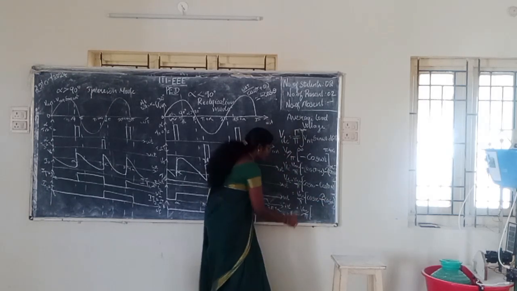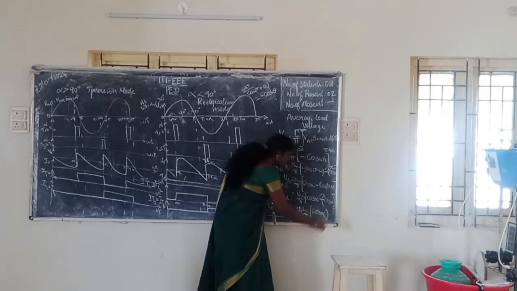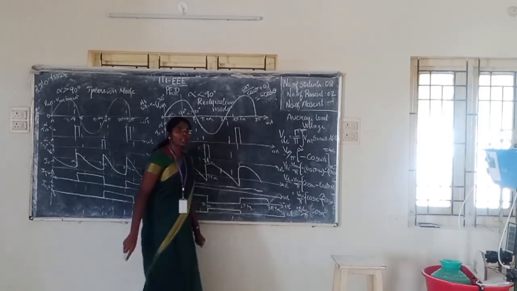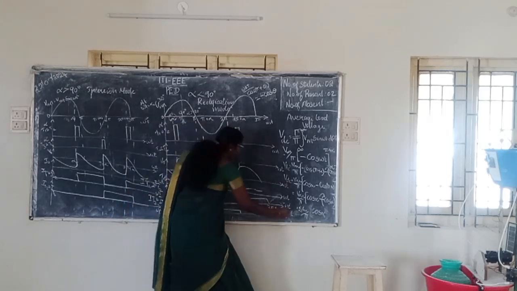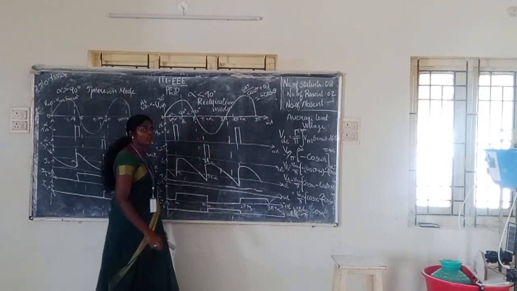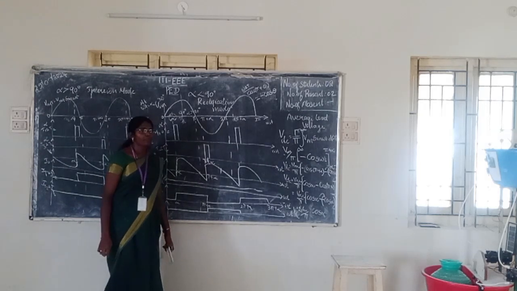I am writing the 2 in front: 2 Vm cos alpha by pi. Here, 2 Vm by pi cos alpha is the average DC voltage or average load voltage. And what about IDC then? VDC, right?